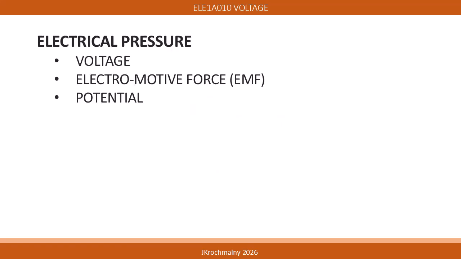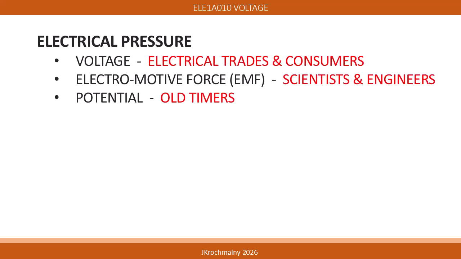Electrical pressure difference is needed to initiate a flow of electricity. This electrical pressure has three terms commonly used in the electrical industry: voltage, electromotive force, or EMF, and potential. The term voltage is used by electrical tradesmen and consumers.